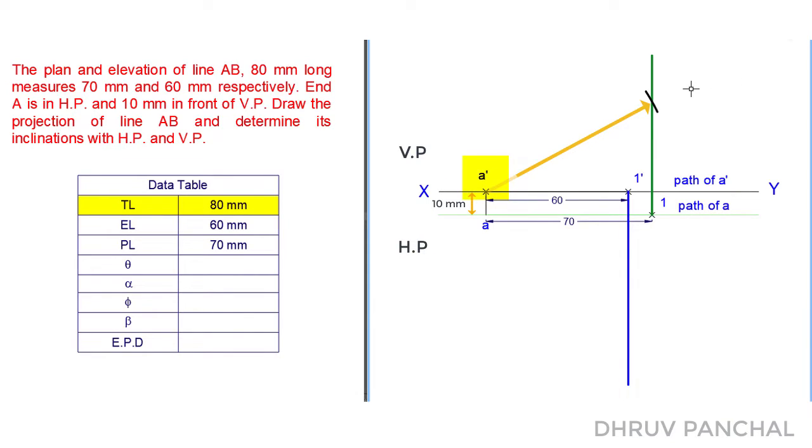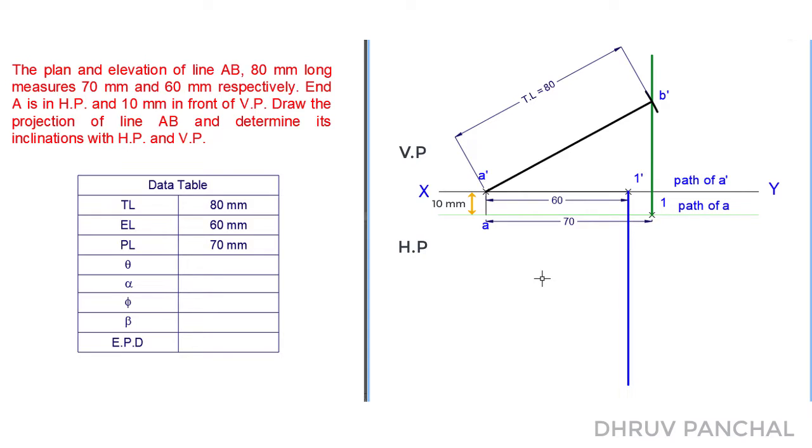Draw an arc on the vertical line passing through point 1 and locate point B'. Now, join point A' and B', which is the true length of line AB in the vertical plane.